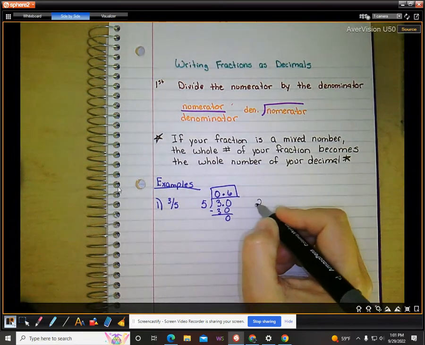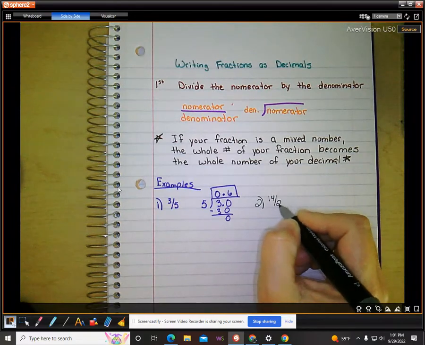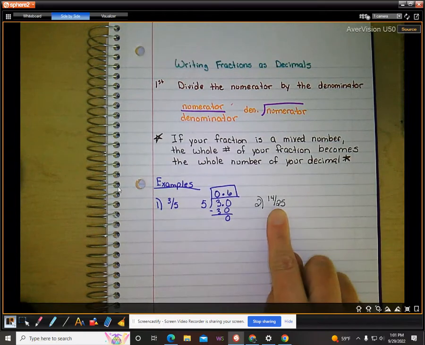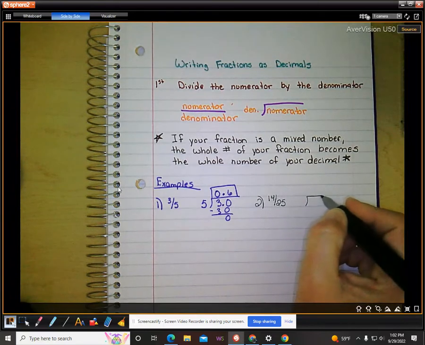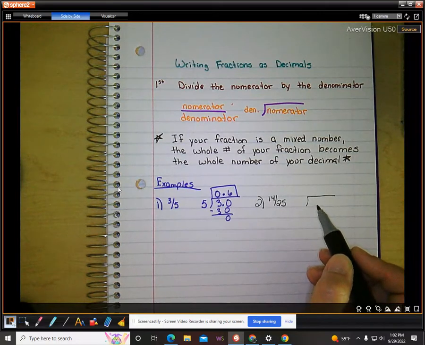All right. Another fraction. If I have 14/25, again, it's less than 1 because it's a fraction. So we're going to divide. Which number goes on the inside? If I'm taking numerator divided by denominator, which number is going on the inside?